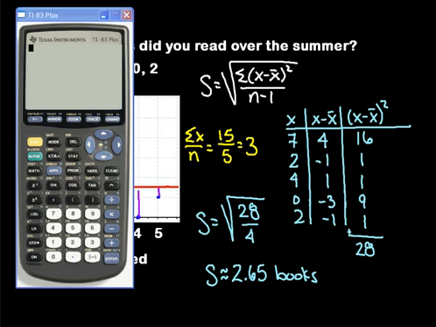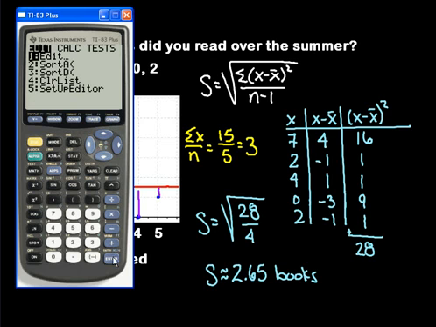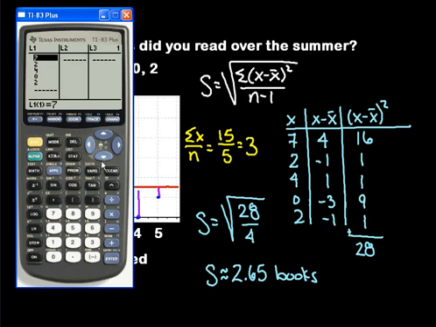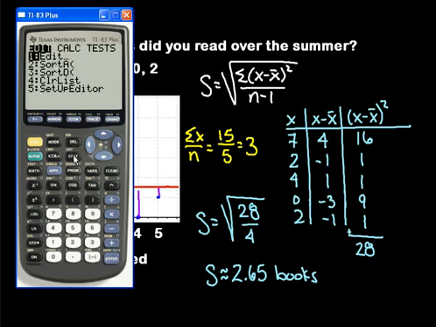There's a second method too, using your TI-83 or 84 calculator. If you go back to Stat, Edit, and put your data values back into list 1, right, and go back to your home screen, and now go to Stat, over to Calculate, C-A-L-C, and do one variable statistics. Hit Enter, and by default it does list 1, but suppose your data was in list 2 or list 3, you'd have to put that, but by default it would do list 1, so you don't even have to put the L1 there.